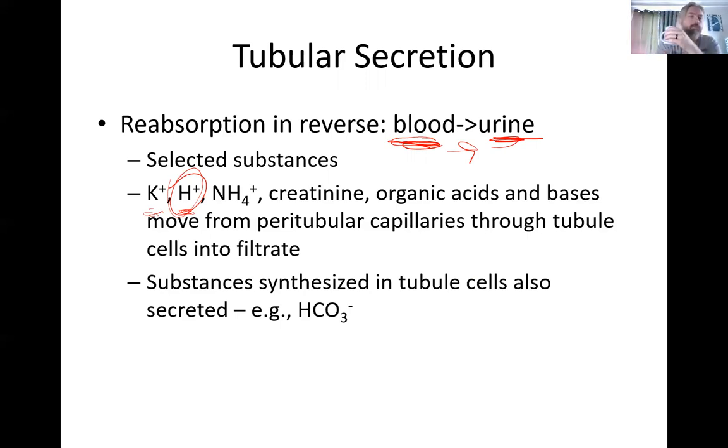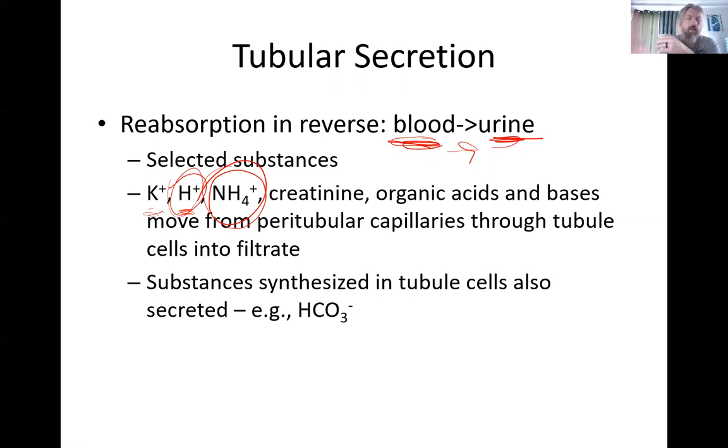Things like ammonia, which are nitrogenous wastes, are breakdown waste products of amino acids. It turns out to be ammonia. We have to get rid of that somehow, so we dump this into the urine that way. Things like creatinine, organic acids, bases, stuff that we just don't have any reason to have in our blood anymore at all.